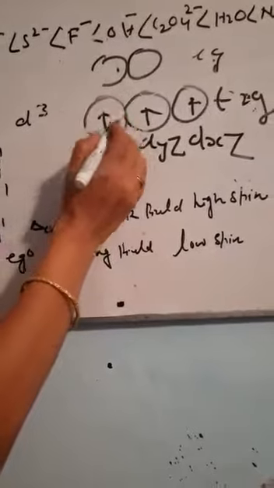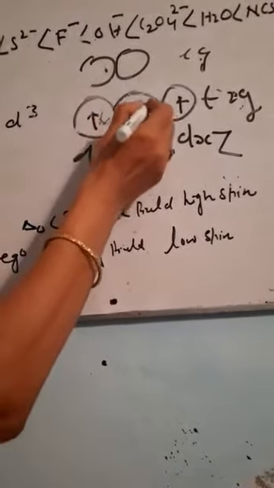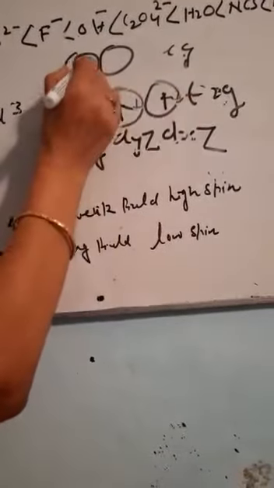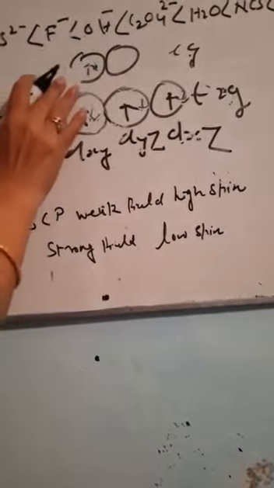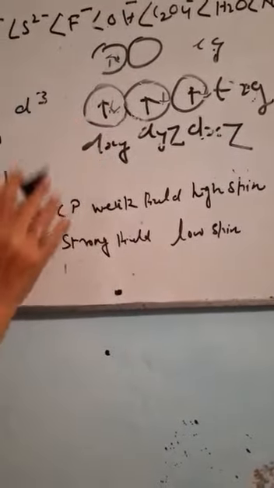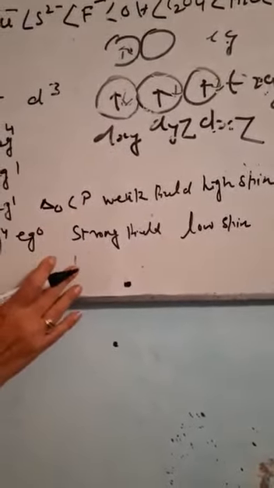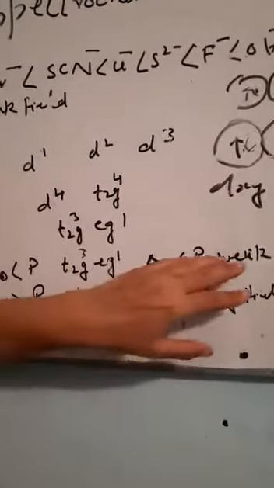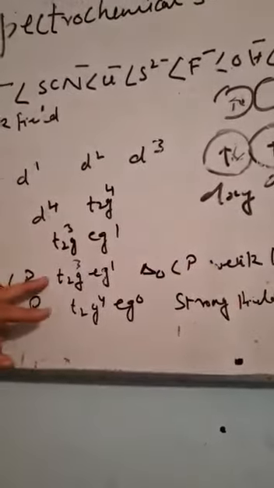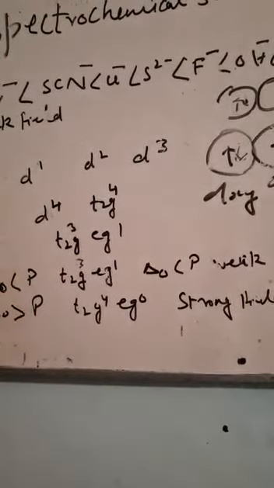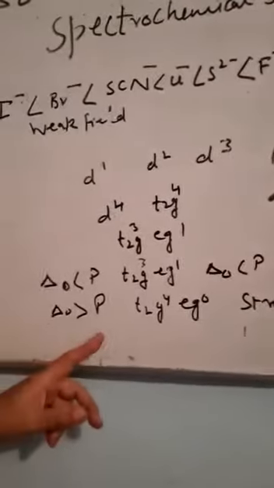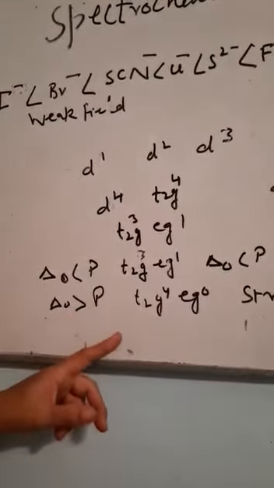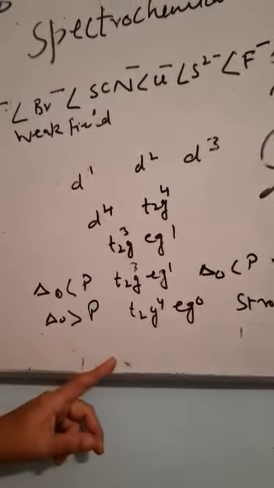The 6 electrons will occupy this and the 1 electron will occupy eg. But only for ligands which produce weak field, in that case only this is possible. For the ligands producing a strong field, in that case pairing takes place.